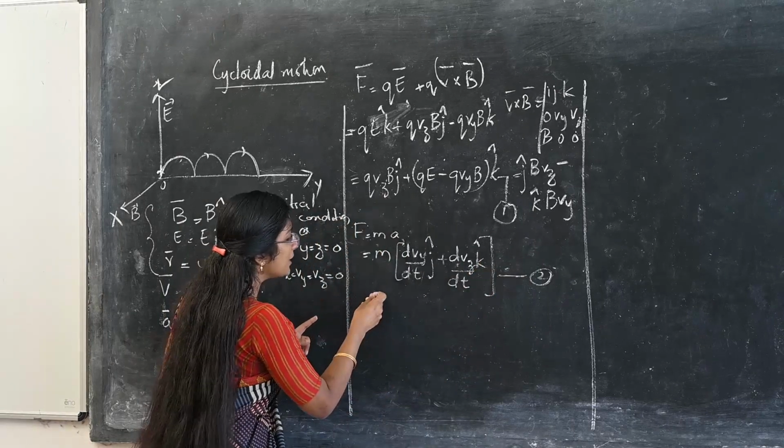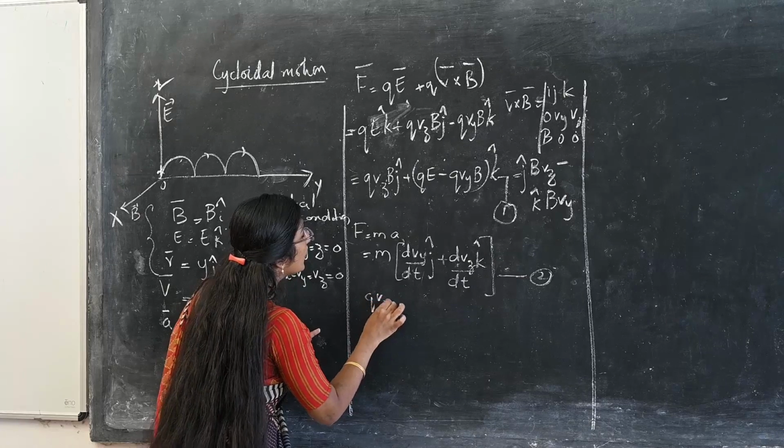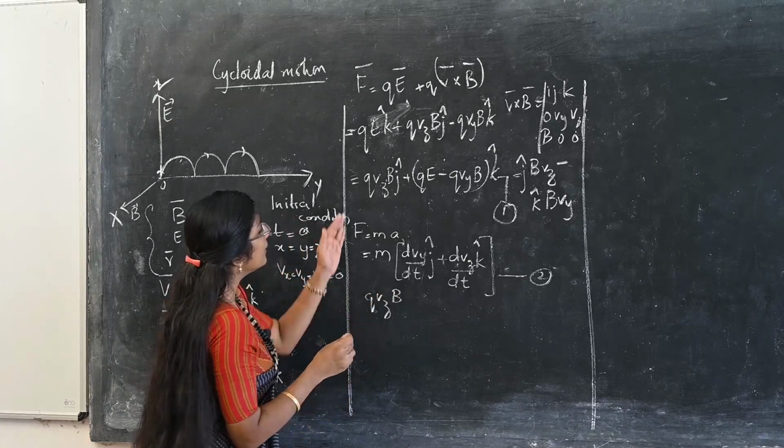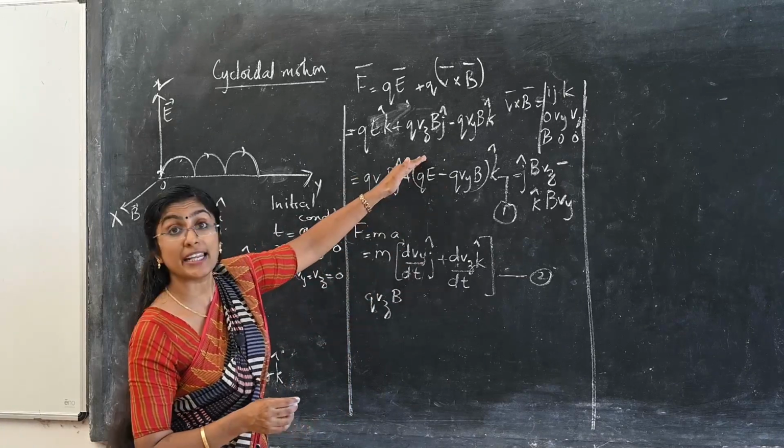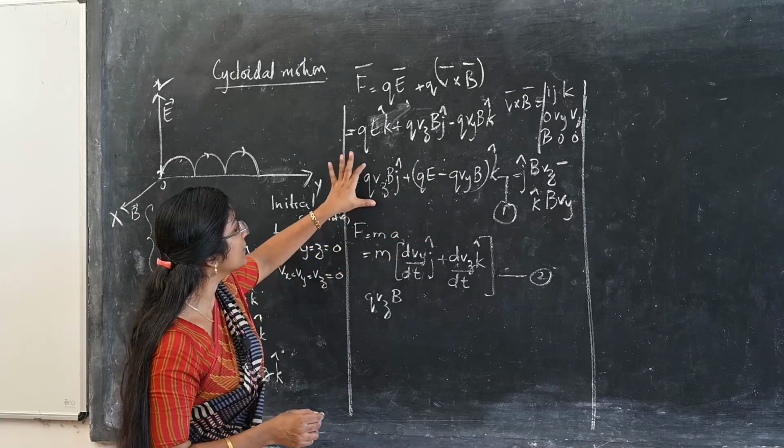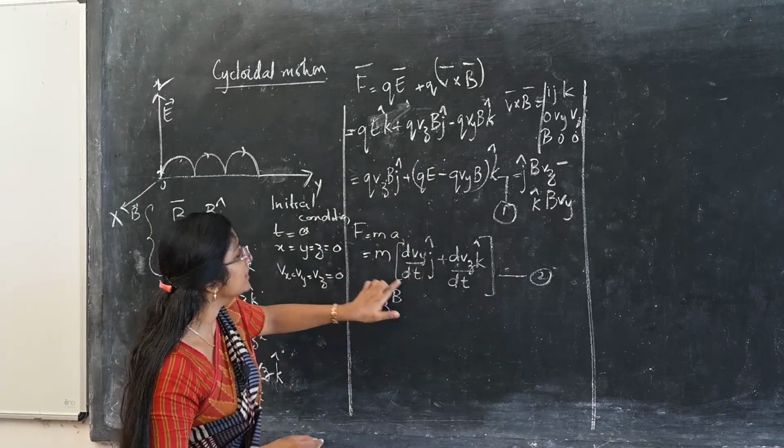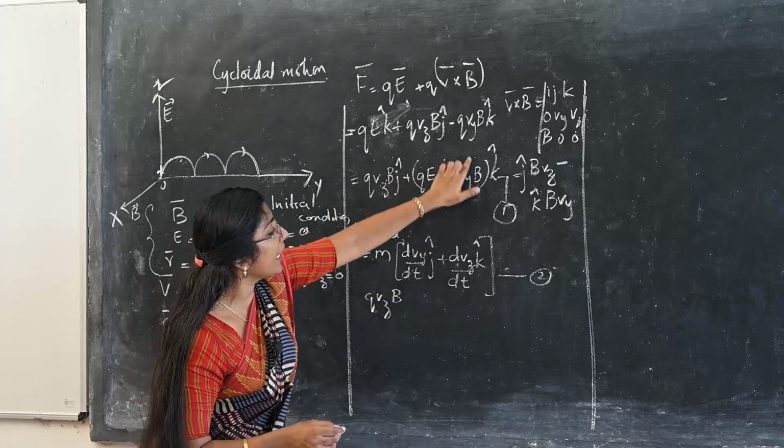On equating 1 and 2, both these forces can be taken as equal. So, what I do is I equate the j components together and I equate the k components together.